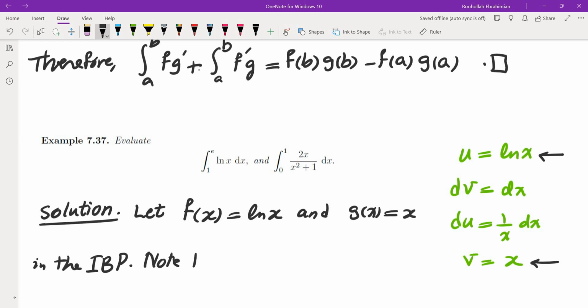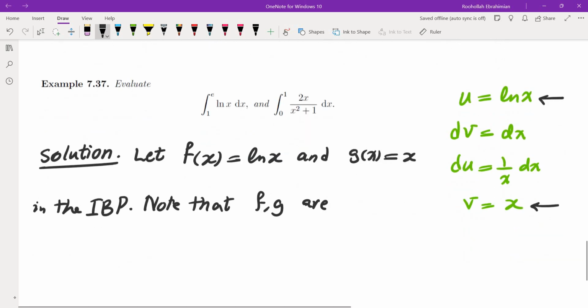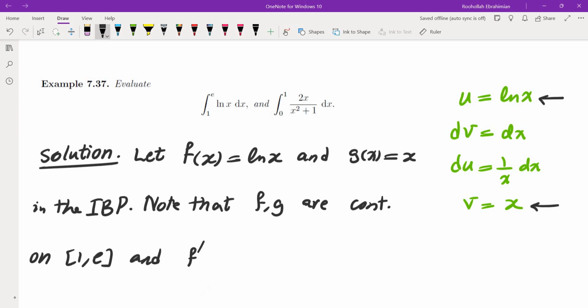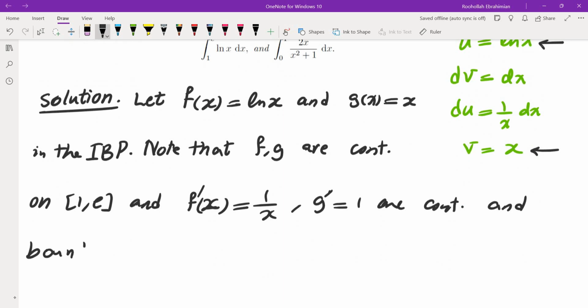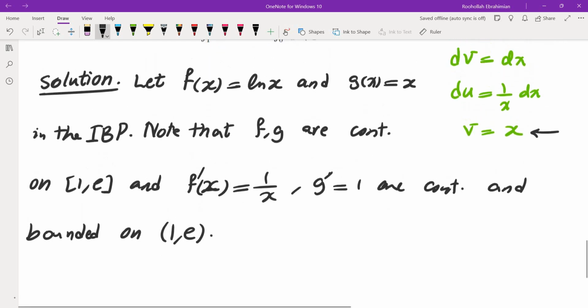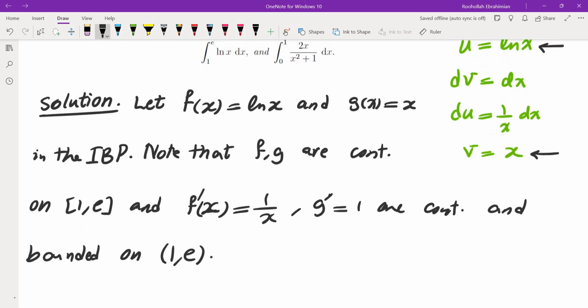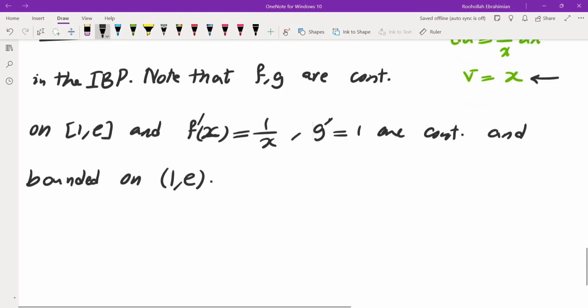Note that f and g are continuous on [1, e], and f prime, which is 1 over x, and g prime, which is 1, are continuous and of course bounded on [1, e]. So therefore, we can apply the integration by parts.